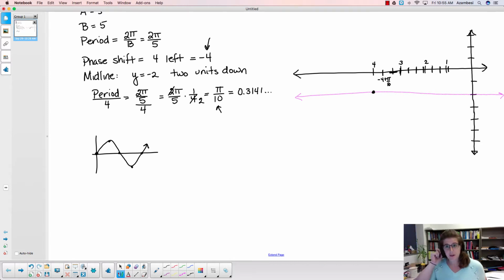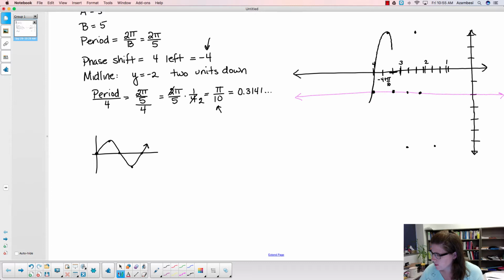So I'm not going to graph this whole thing, but you get the idea. Every pi over 10, I'm moving 1 over. So at the second point, I'm at my high point. So I'm way up here. Third point, I'm at my midline. 4th point, I'm at my low point, way down here. 5th point, I'm back at my midline. Then I'm up high. Then I'm midline again. Then I'm down low, and so on.